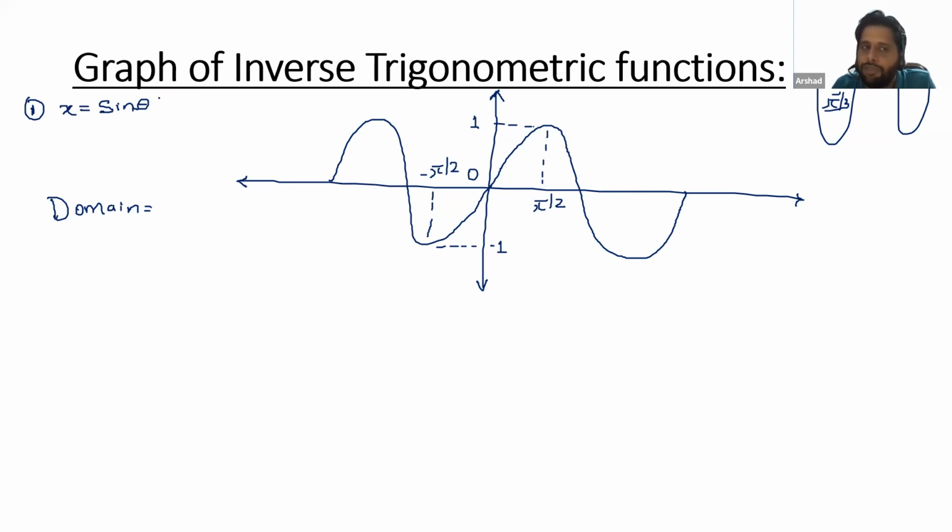For example, if you will put a 30 degree here, then x will be equal to 1 by 2. So 1 by 2 is one of the range. So what is the range? Output. When you will put the theta, what the answer you will get, that will be the range. What is the domain? What real number you will put in place of theta so that the final answer will be a real. That is the domain. So this definition is clear to all of you.